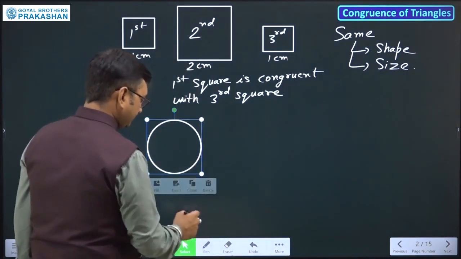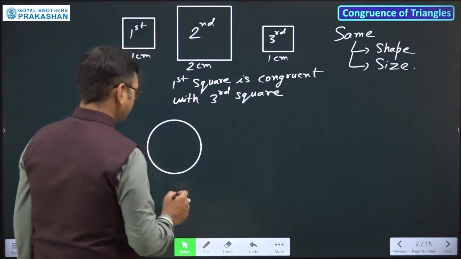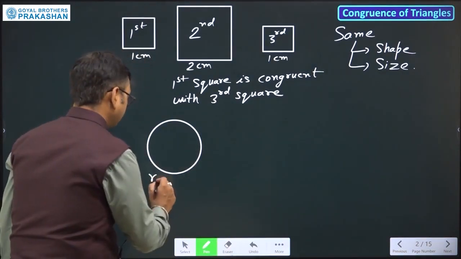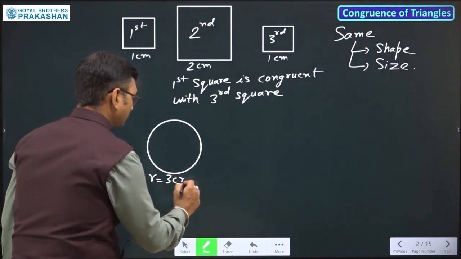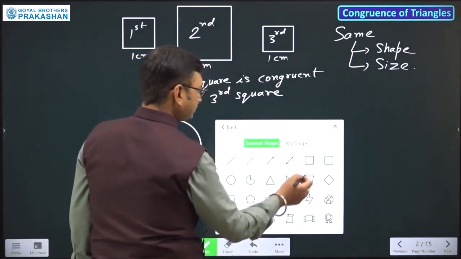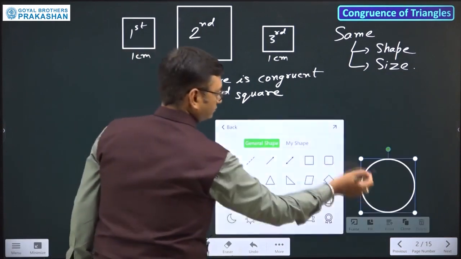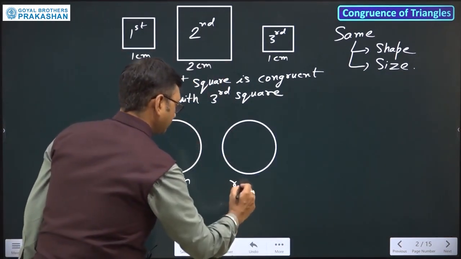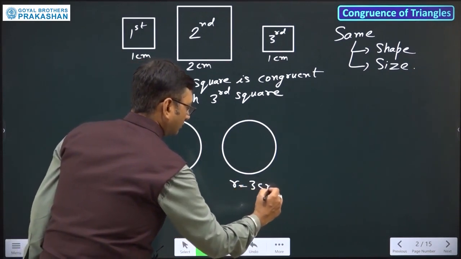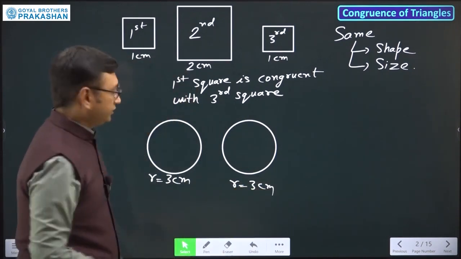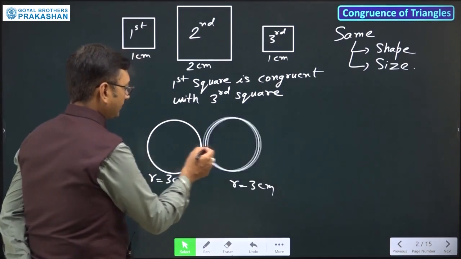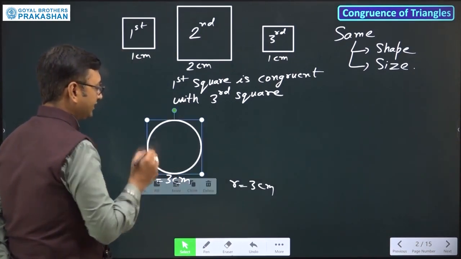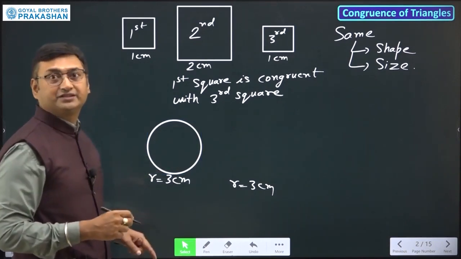In the same way, if we take two circles, let's say we have one circle of radius 3 centimeter. I am taking another circle, again of radius 3 centimeter. Now, if I take this one circle and try to put it on the other circle, exactly, it will overlap each other, isn't it?